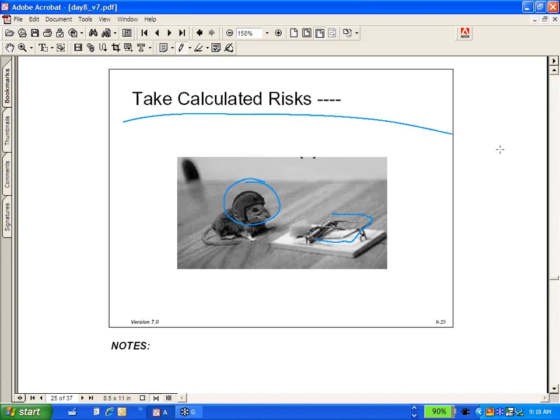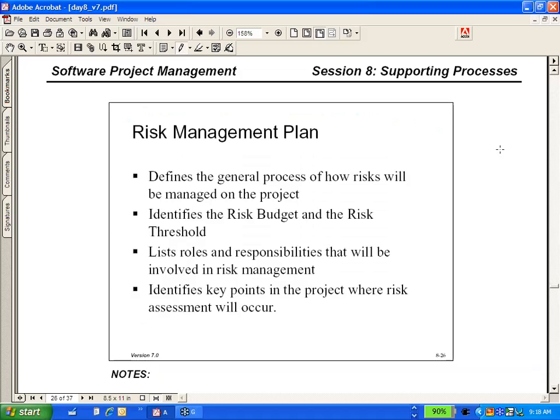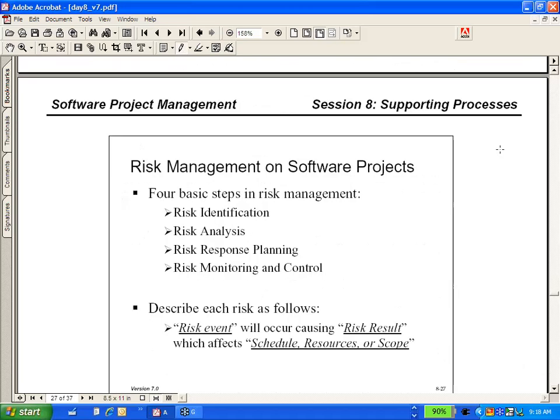This is not about project management alone. In life too, you've got to take risks. So page 27, if somebody asks you, have you done risk management? Oh yes, all the time. As a project manager, it is one of my job responsibilities to manage risks on my project.